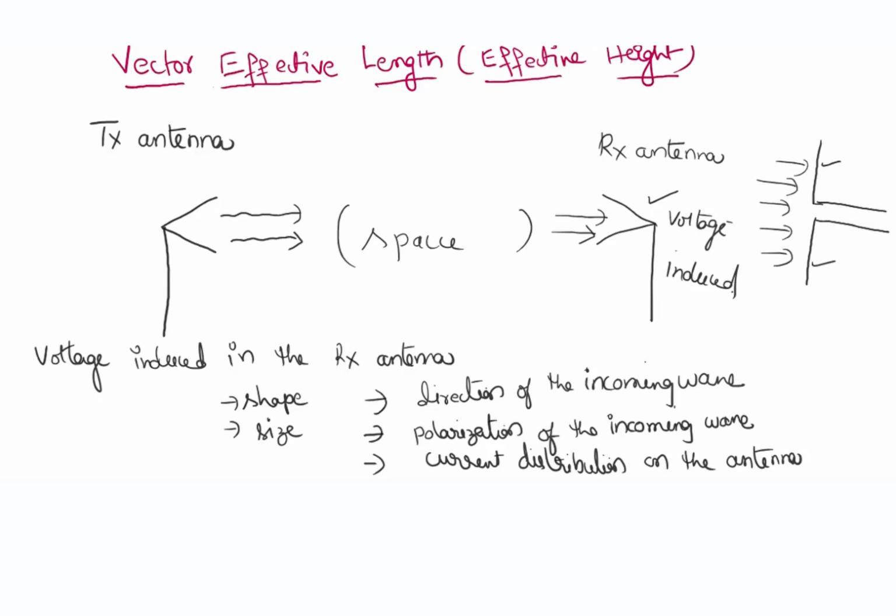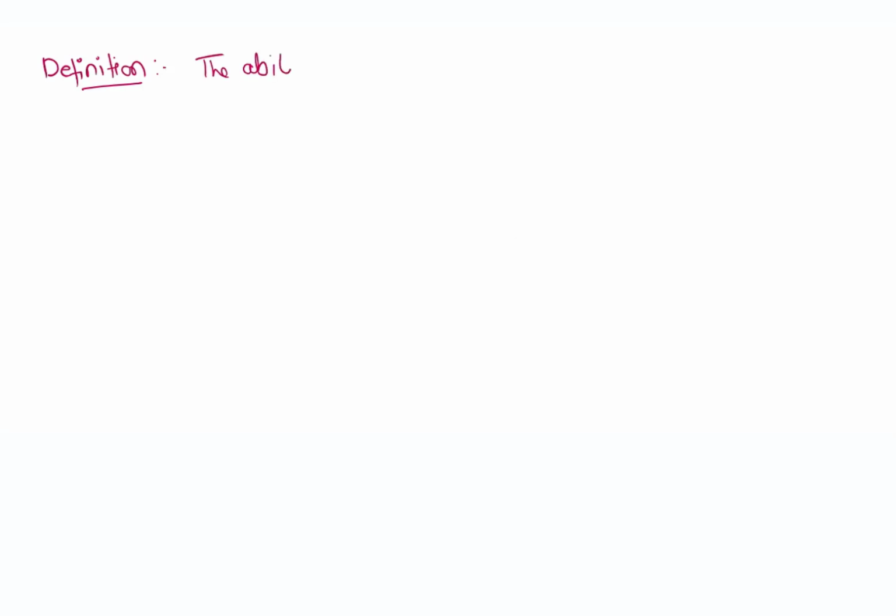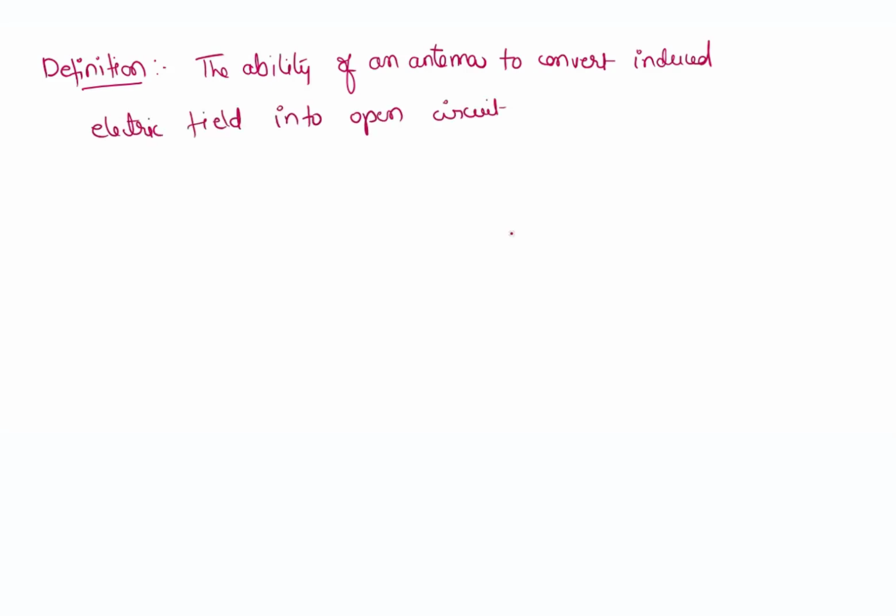Now I will define what is vector effective length. The ability of an antenna to convert induced electric field into open circuit voltage at its terminals. Okay. And another point, the vector effective length or effective height of the antenna is different from the physical length. Suppose we take this dipole antenna.